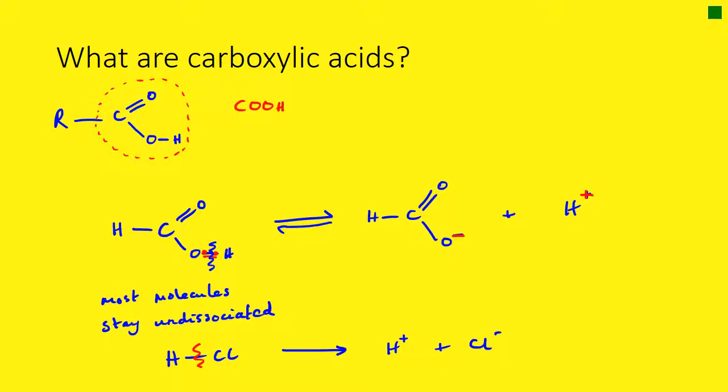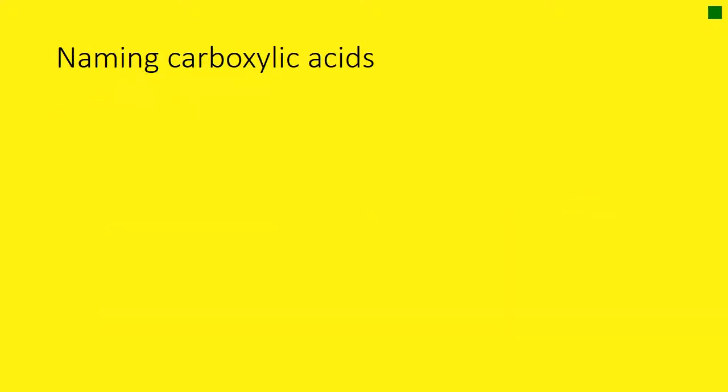Okay, let's talk about naming some carboxylic acids. Let's name and draw the first four. The first one is methanoic acid, which we have done briefly already. Its functional group is COOH, and in methanoic acid we've only got the hydrogen, so we can quickly draw it like that.